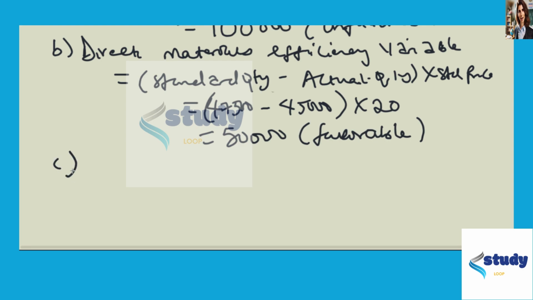Now the next one is the direct manufacturing labor price variance.